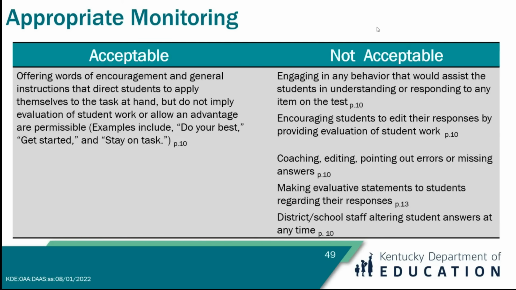Other vital considerations are essential to active monitoring, such as test administrators must be careful not to influence or take ownership of student responses. This may require suspending some actions that are routinely done during instruction.